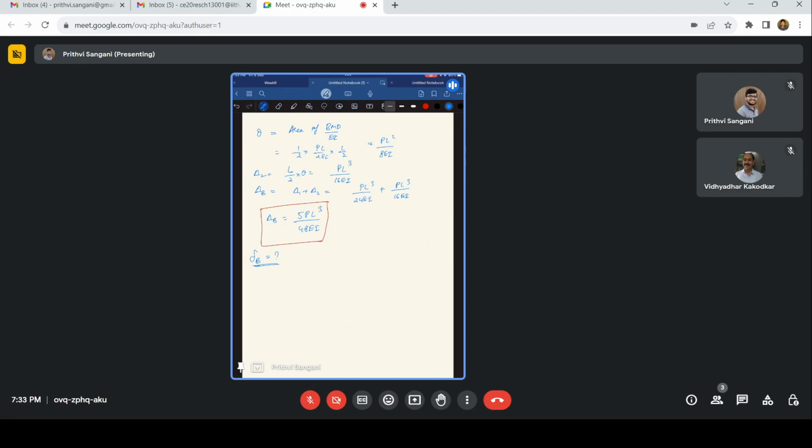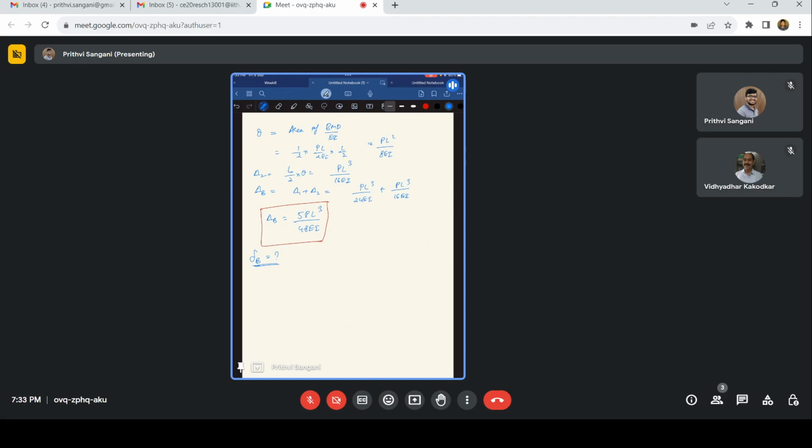Delta C dash will be in terms of VC, and delta C is the known displacement. Since this is a frame member, it is very easy to use the virtual work method or the unit load method. So this is frame 1, frame 2.